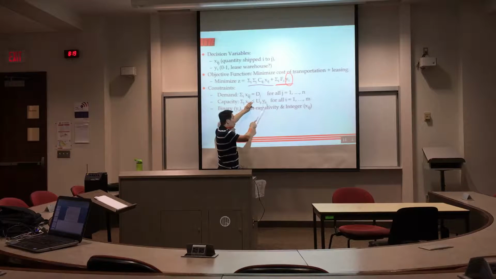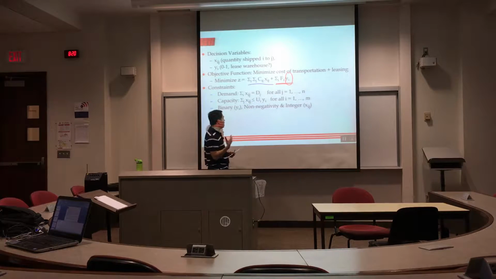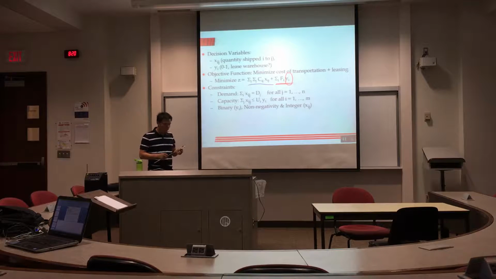If you lease warehouse 2, then this is 1, and this becomes U2. That means if you lease warehouse 2, then you have U2 as the capacity. And that's what we want, okay?